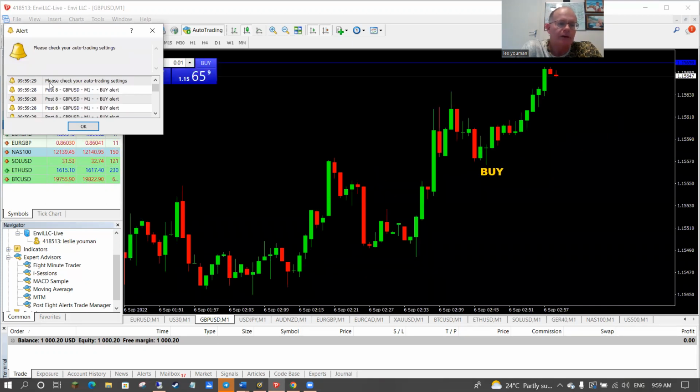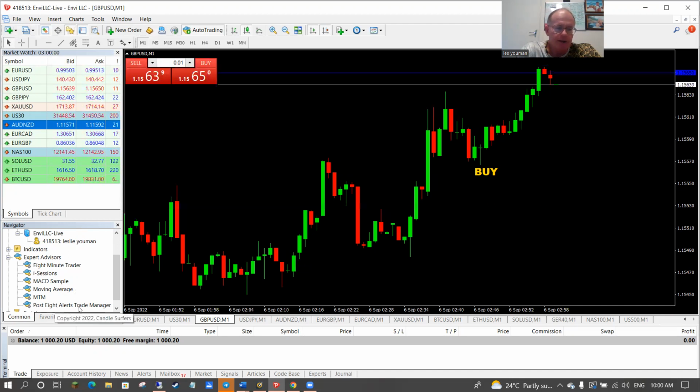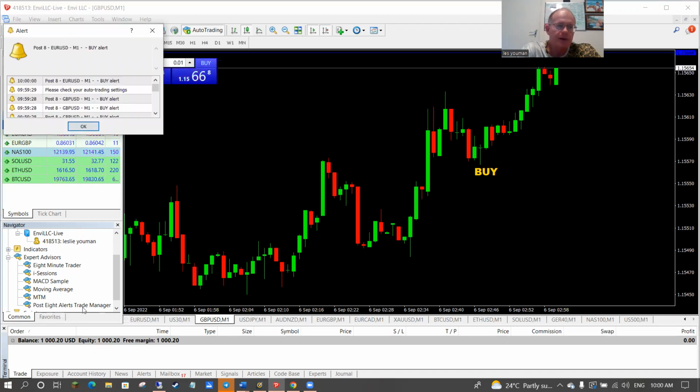We do have this little alert pop up: please check your auto trading settings. That's actually for the trade manager that comes with it. By default, it's turned off, that's why we got that alert. So to add the trade manager, we need to come down here to expert advisors and find the post-8 alert trade manager, and we're just going to drag that onto the chart.